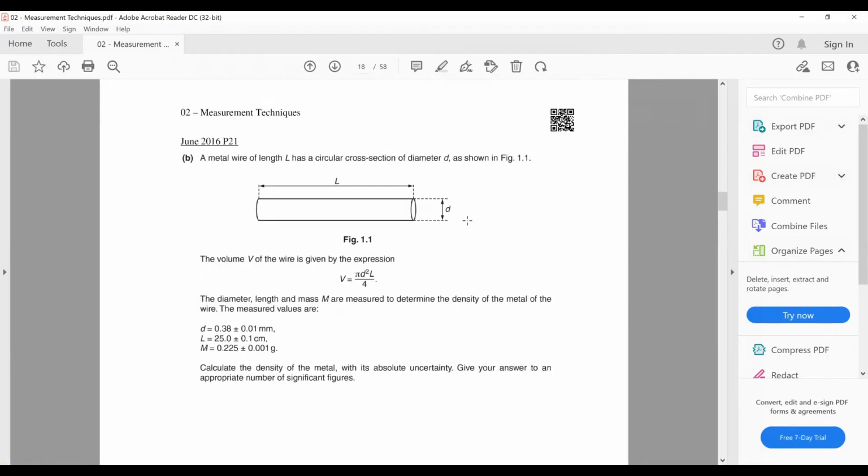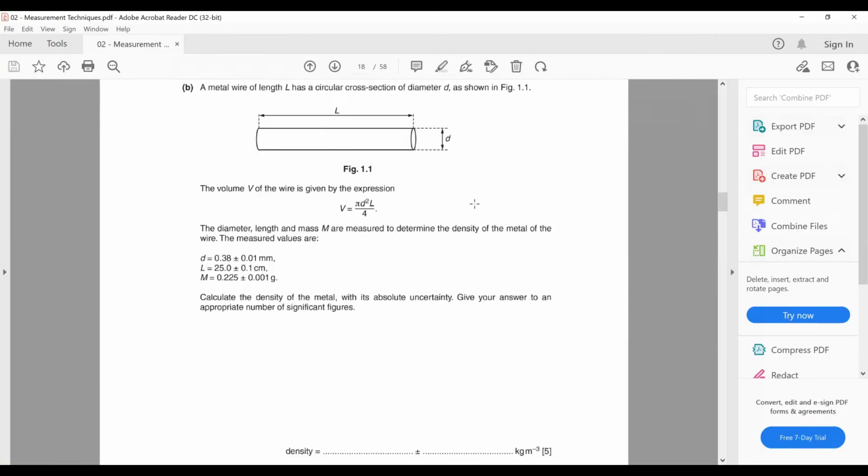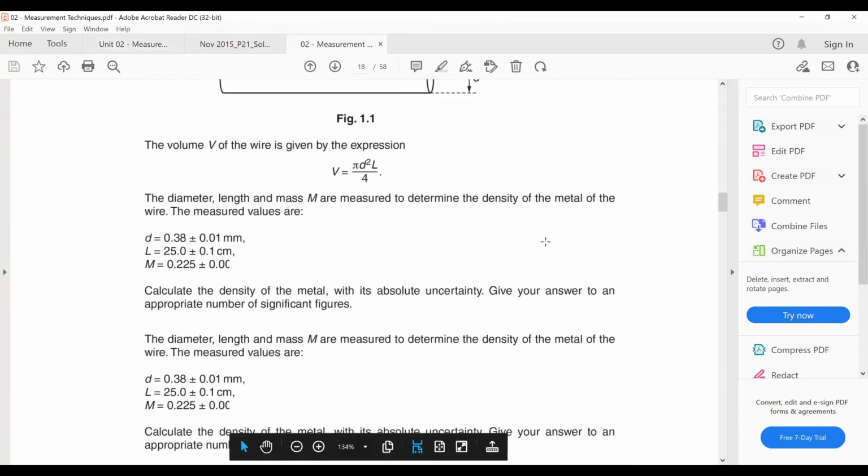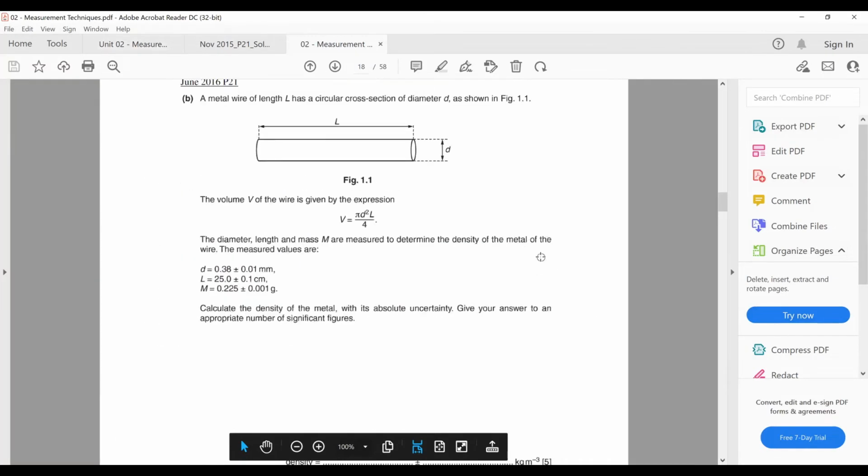Okay, page 18. Wait a minute. Okay, let me just reopen some of the things. Wait on. Share screen. Page 18. Okay, yeah, this is the same question as before.